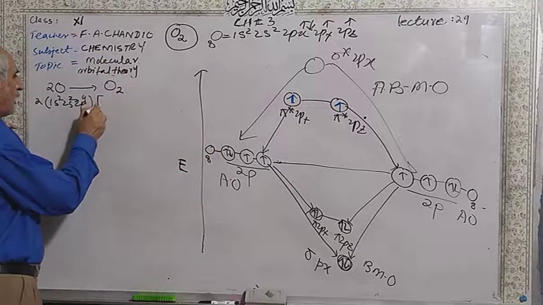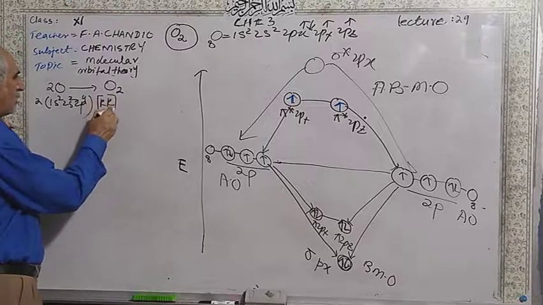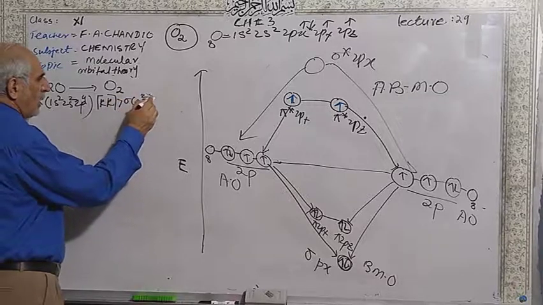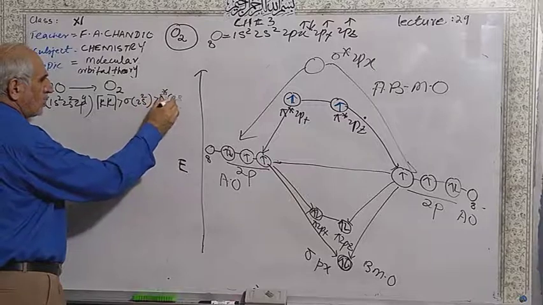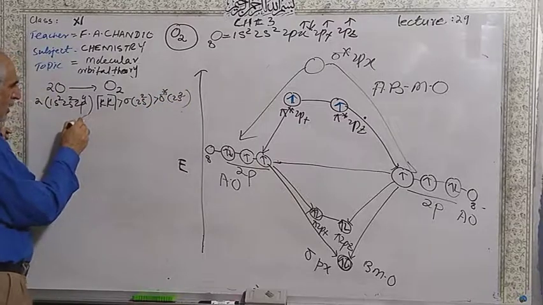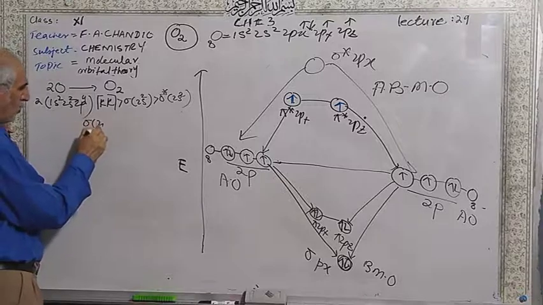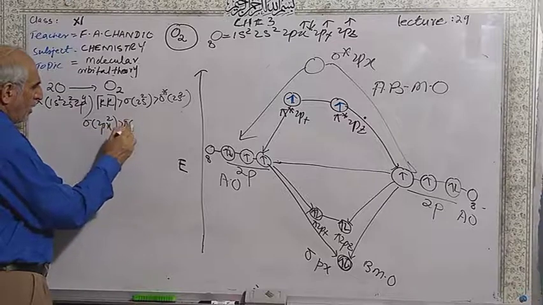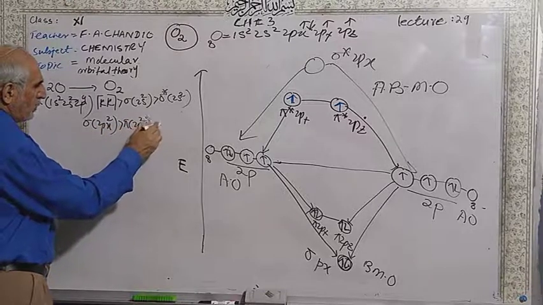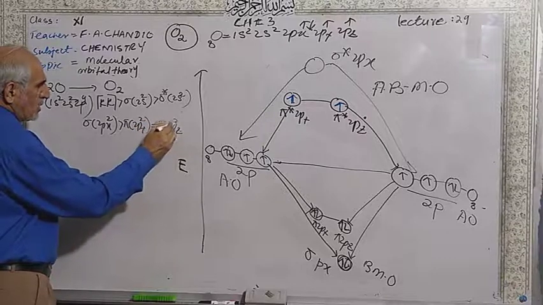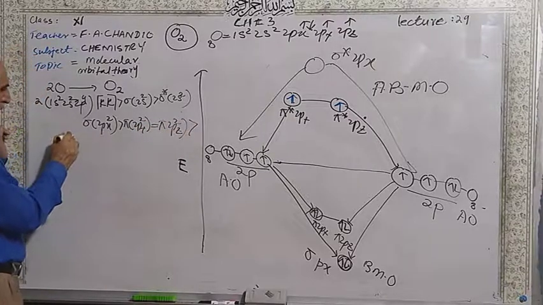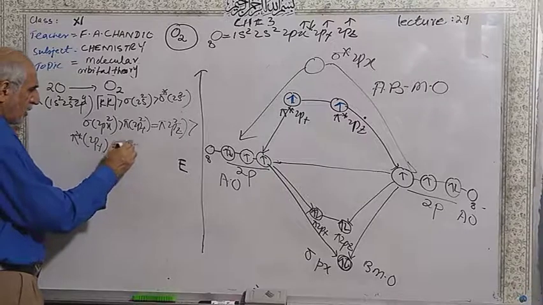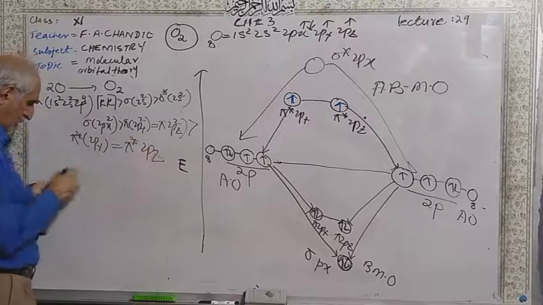For the 1s2, I already told you, K shell and K shell are going to be filled. Then sigma 2s2, then sigma star 2s2, then sigma 2px2, then pi 2py2 equal to pi 2pz2, and the last pi star 2py equal to pi star 2pz.